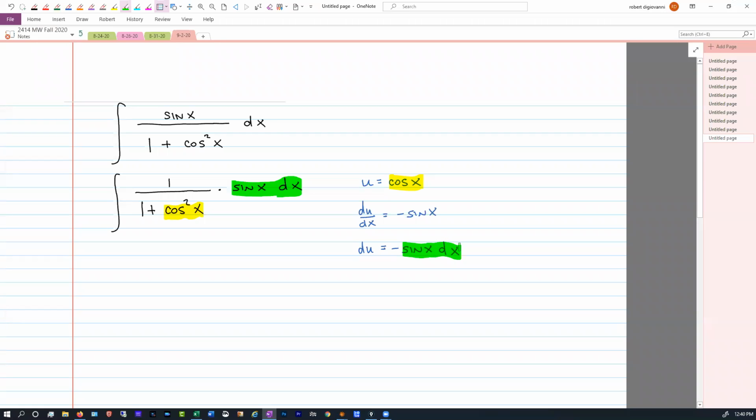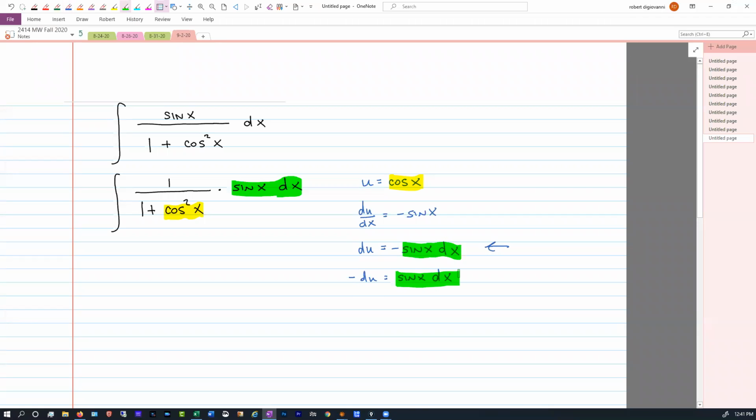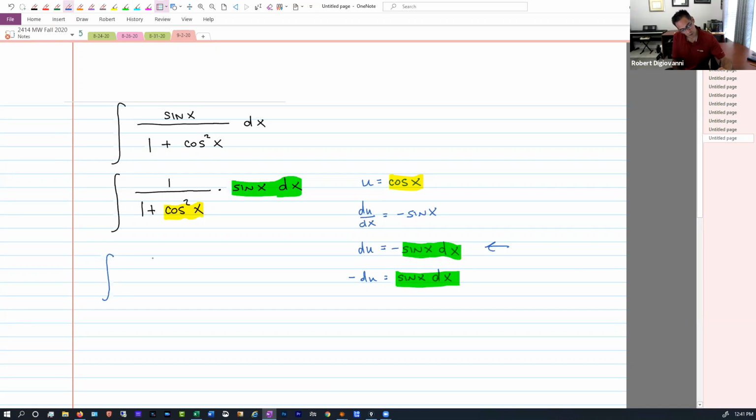All we're going to do is take this line right here and multiply both sides by -1. So we're going to get negative du equals sine x dx. And now it matches exactly. So let's rewrite the integral now. It'll be the integral of 1 over 1 plus u, which was the cosine x, squared.